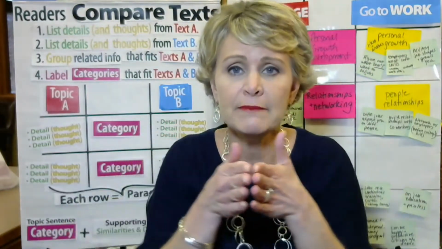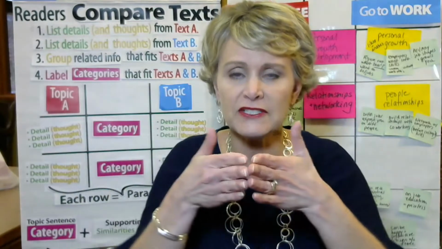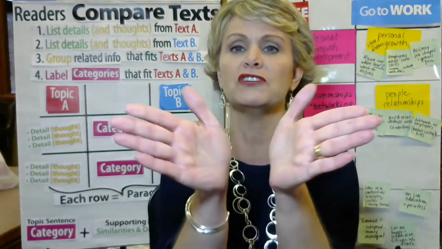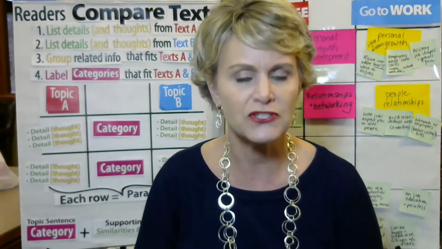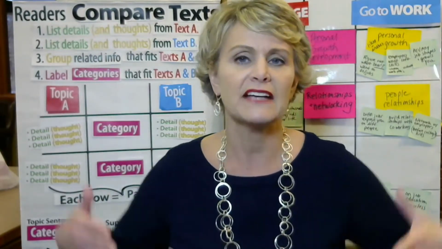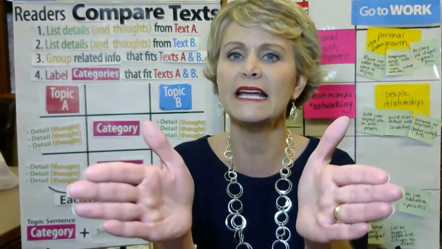If you say similarly, you're putting two details together and telling the reader, hey, what comes after similarly is going to be something that is similar in both. But if I say however, then they know, oh, these are two very different details about this topic. So really be conscious of informing your readers. You want to make sure you're clear as to whether or not you're combining details or you're separating details.